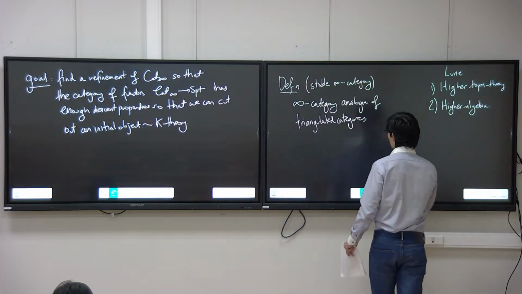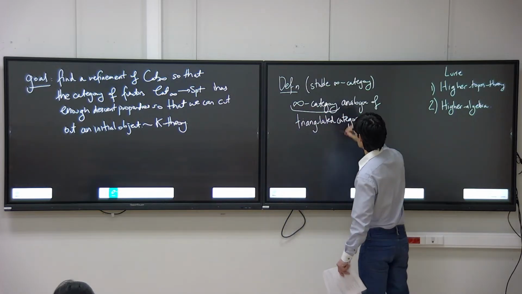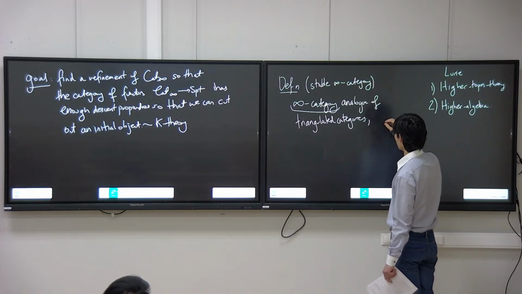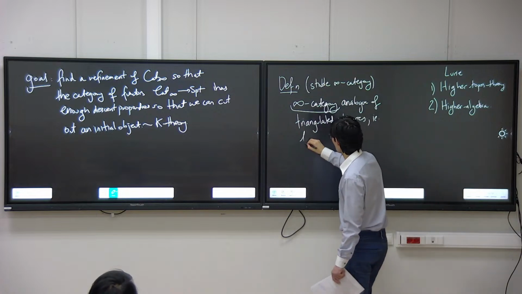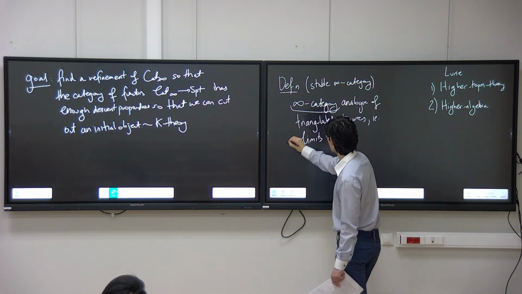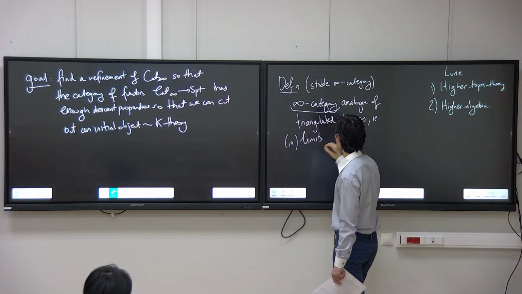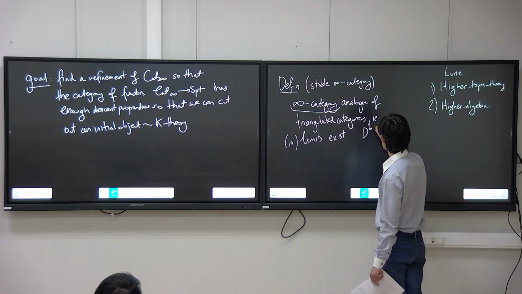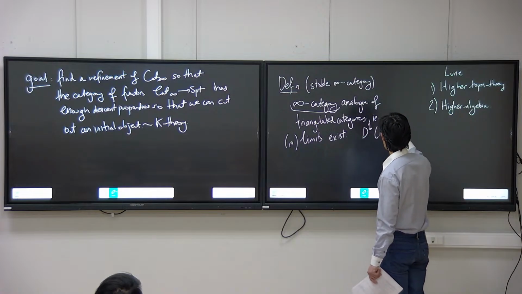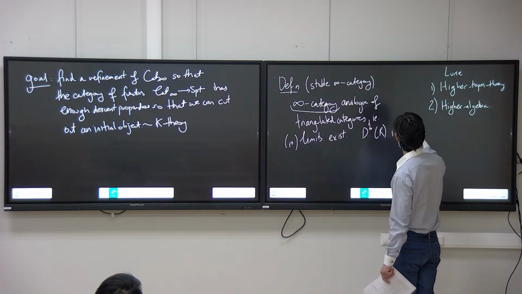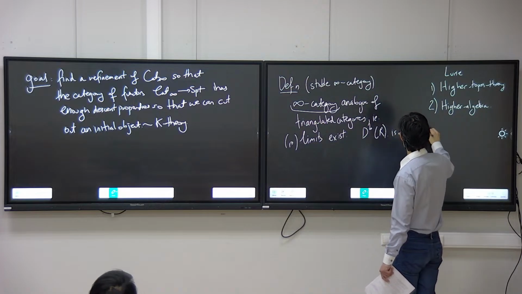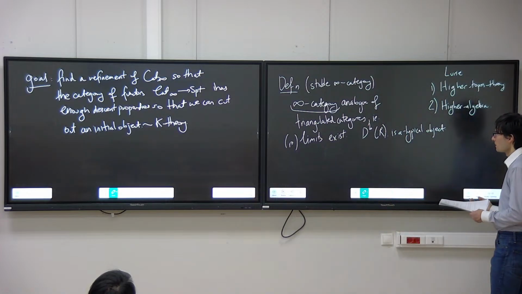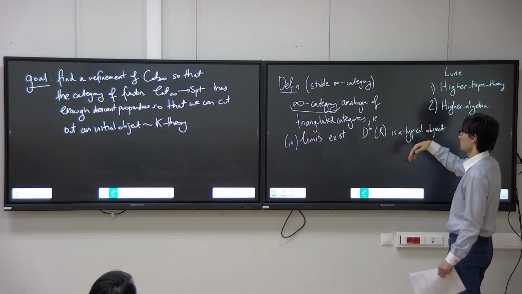So in particular, what this infinity category analog is doing is that we can find limits and colimits in, say, D^b, i.e. limits when colimits exist. So in particular, D^b(R) is an object here, a typical object. And certainly, triangulated categories carry more structure than just a category.